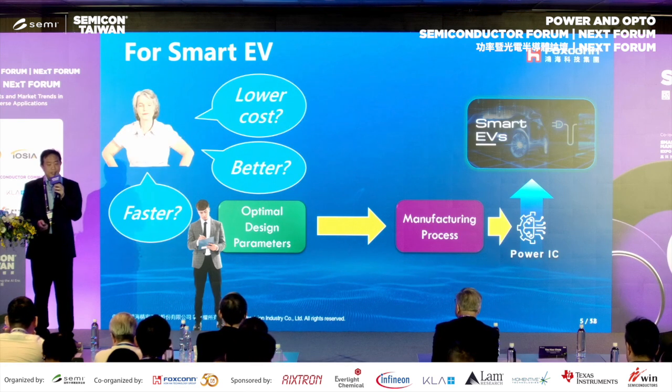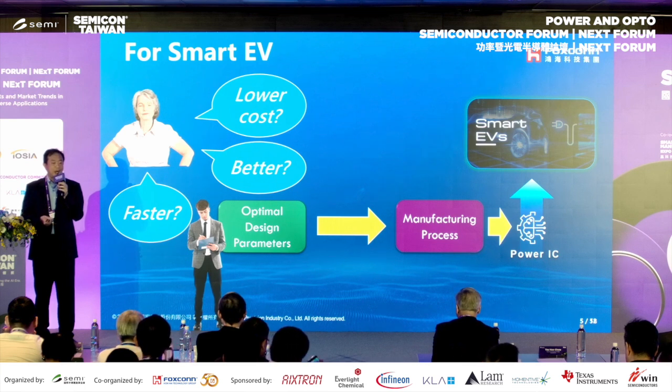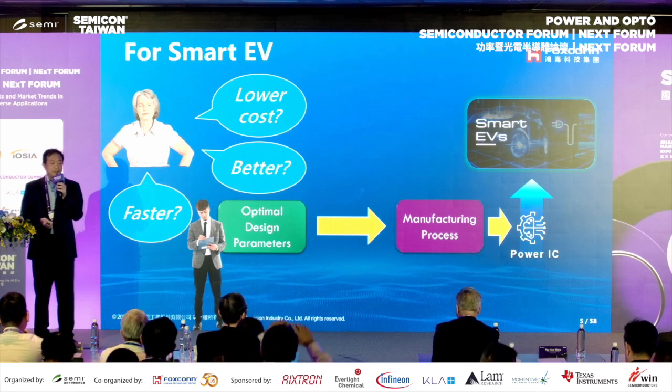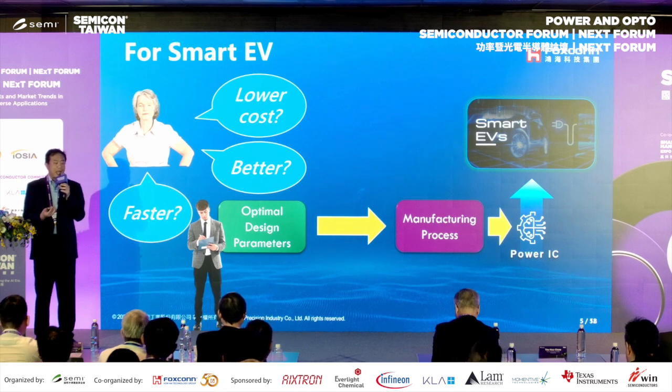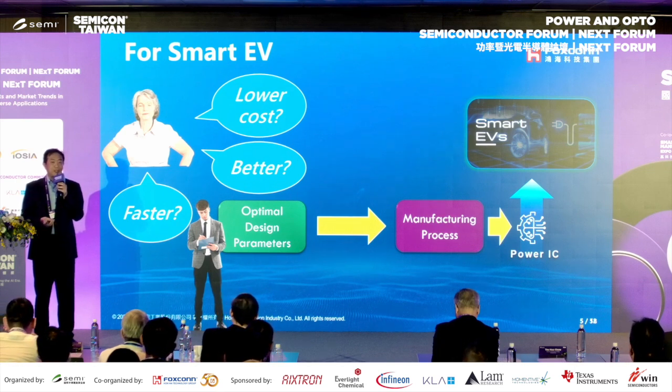And when the engineer is working very hard on the parameters, his boss may ask him, can you do it faster? Can you do it better? Or can you do it at lower cost? So this hard-working engineer will spend more time working and lose work-life balance. His life will be miserable.